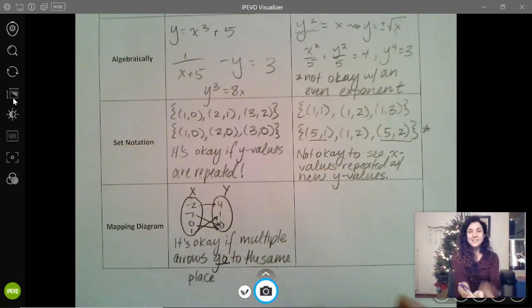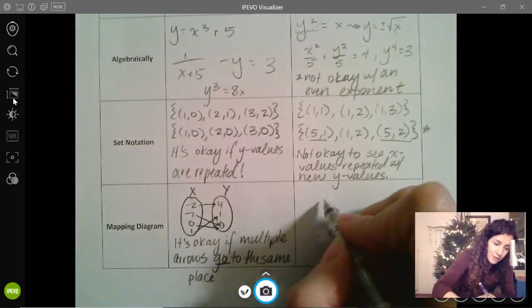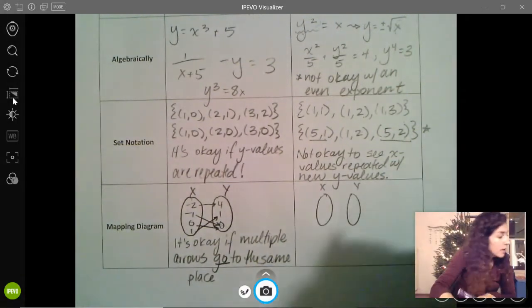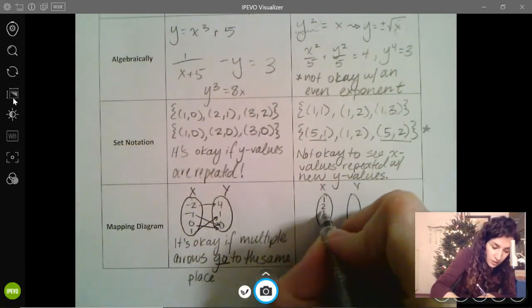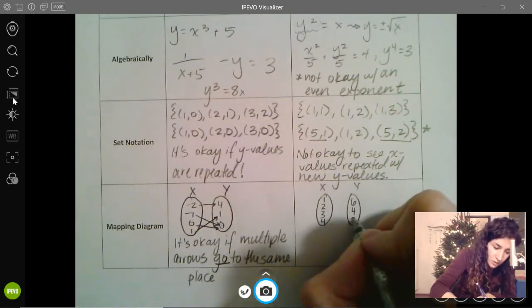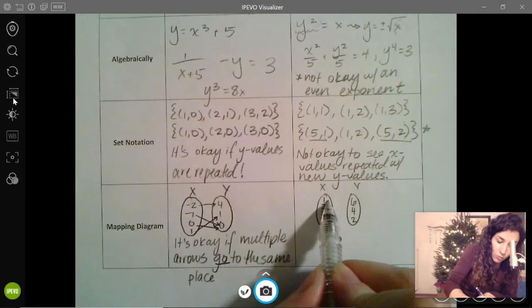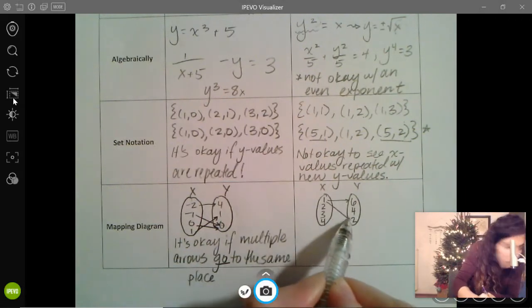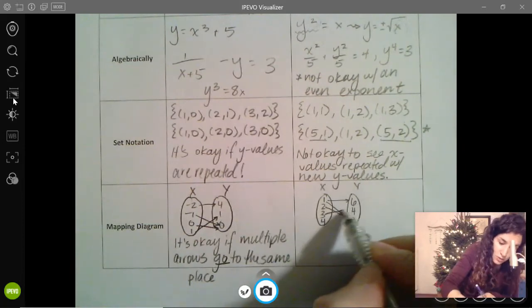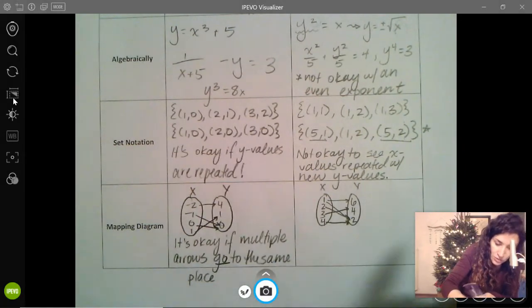That's totally fine. It's just not okay if, for instance, x is 1, 2, 3, 4 and y is 6, 4, 2. Like if 1 goes to 6 and then 1 also goes to 2, and then maybe 2 goes to 2 and 3 goes to 4 and 4 goes to 2.